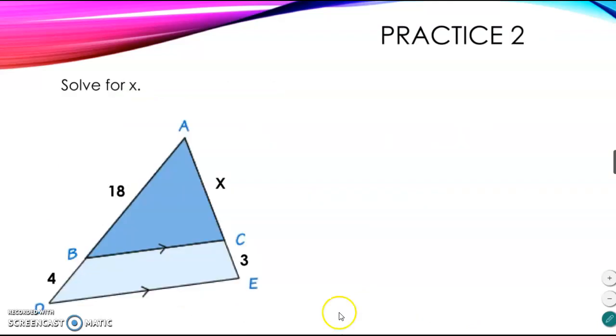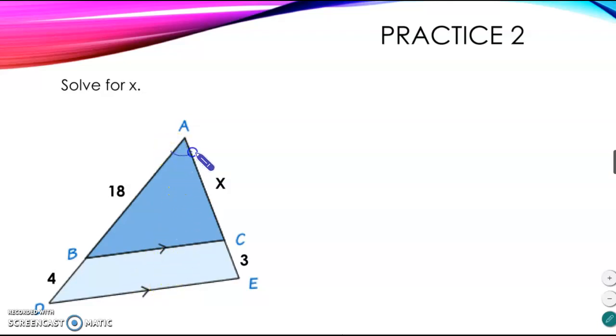And 210 divided by 15 is 14. Okay, so let's take a look at these. It says to solve for x here, and it's not even that clear that I am going to be using the same strategy. I actually do have two different triangles here. I have this smaller, darker blue triangle, and actually from A to D to E around the outside is a larger triangle too. Now these triangles are similar to each other because these two lines are parallel to each other.